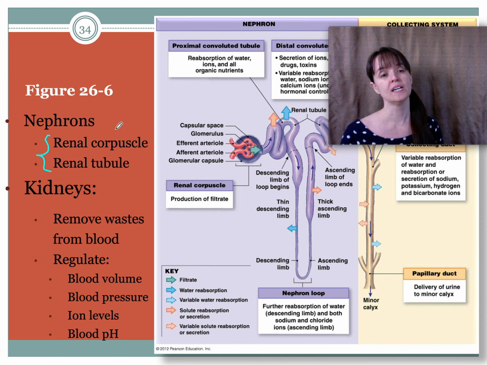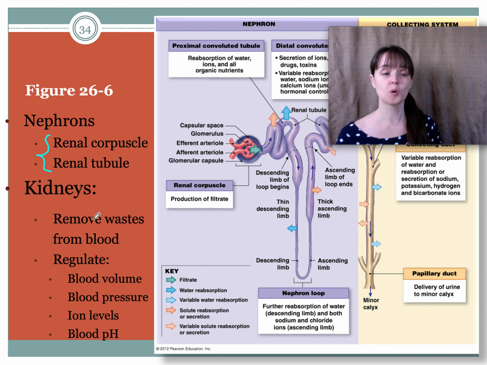That's the important part. So the renal corpuscle is this outer part. Actually, the renal corpuscle is this whole pearl. The whole pearl is the renal corpuscle, and it has parts that we will learn the names of. And then the renal tubule, which again has parts that we will learn the names of.